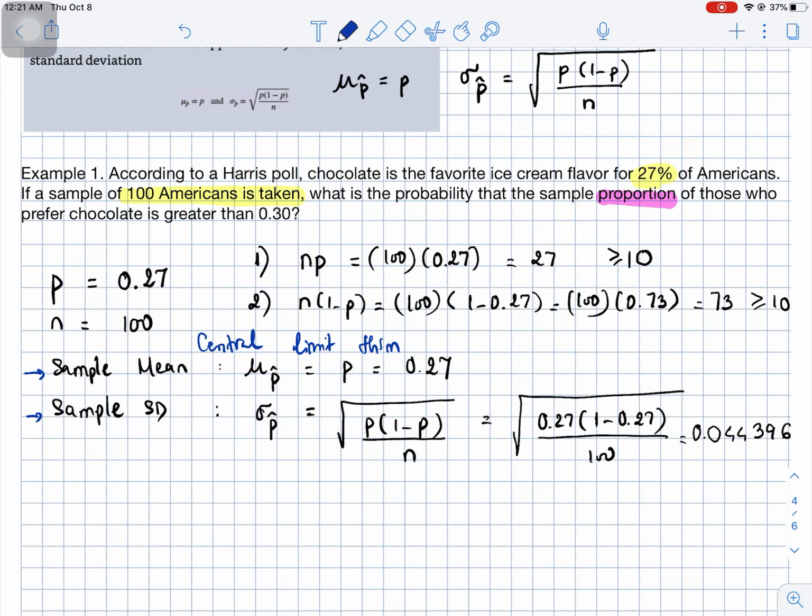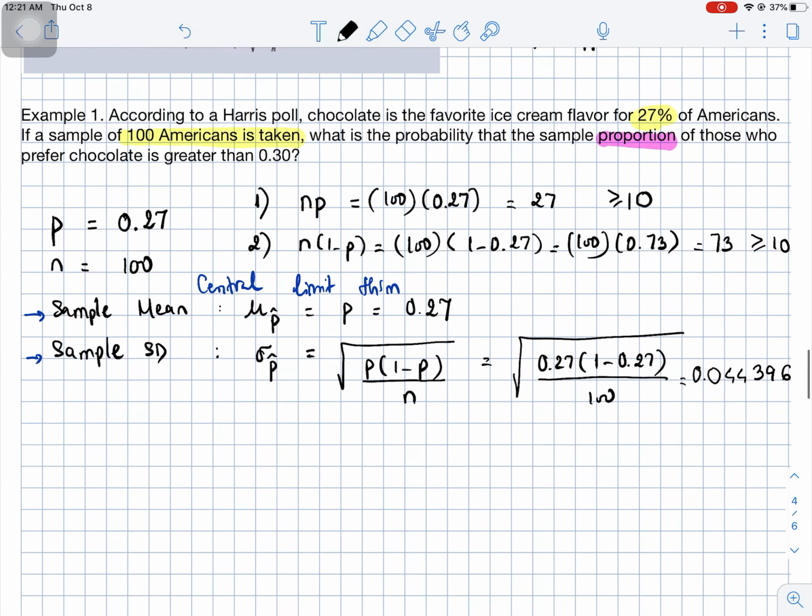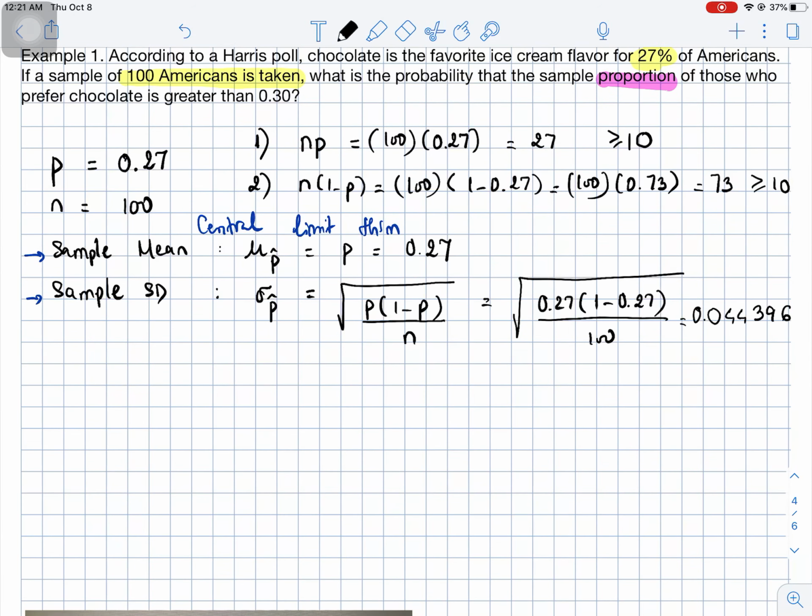So before I move on, let's go back a little bit. These two things right here are for the central limit theorem. Okay, now we will begin to draw the normal shape.